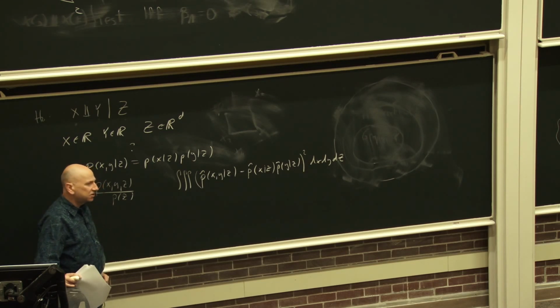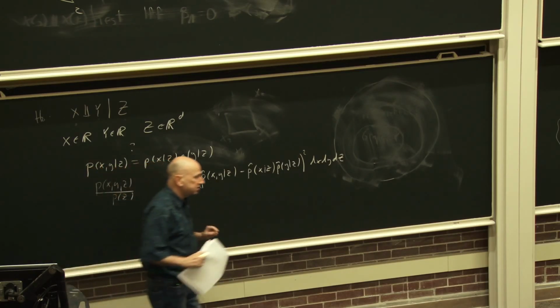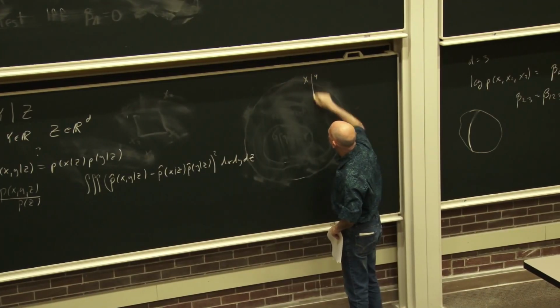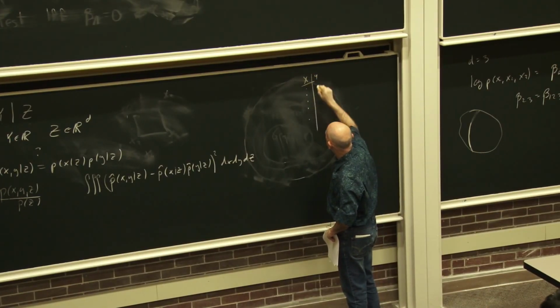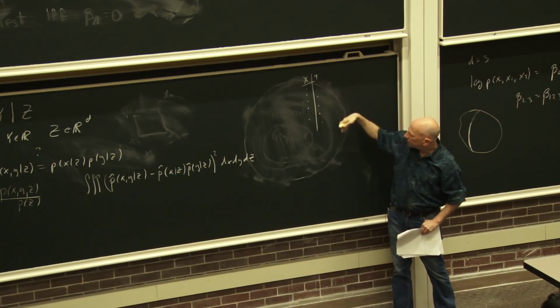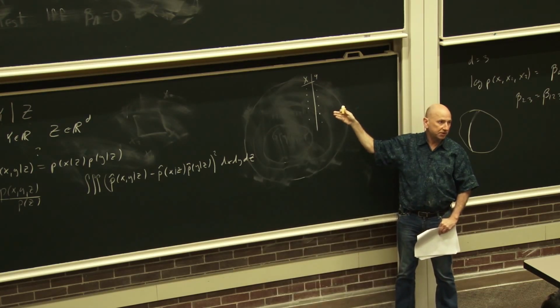Another problem is, what's the null distribution? How do I know when to reject this? Unfortunately, permutation testing cannot be used for conditional independence testing. That's an important conceptual point. When I was testing whether x and y were marginally independent, under the null hypothesis, I know that if I permute y, it doesn't change the distribution of my test statistic.